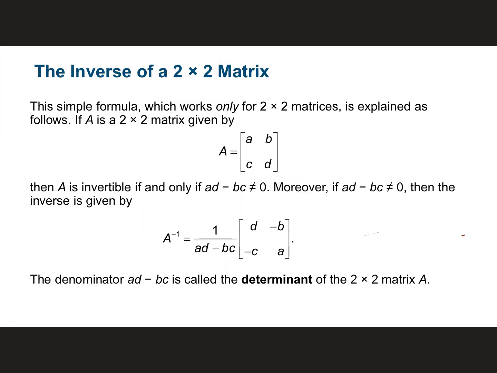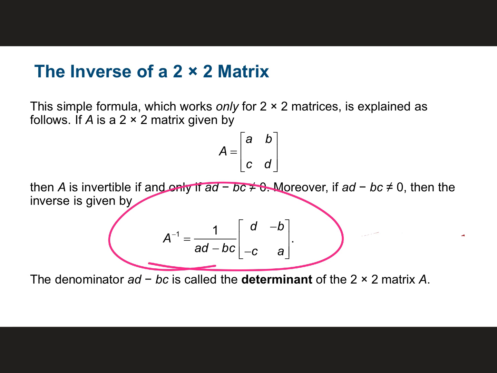The next part within this lesson goes over finding the inverse of a 2 by 2 matrix. By doing this, there's two different ways of doing it. You can use the formula that you have here, which is a to the power of negative 1 is equal to 1 over a times d minus b times c, and then multiply that by d, negative b, negative c, a.